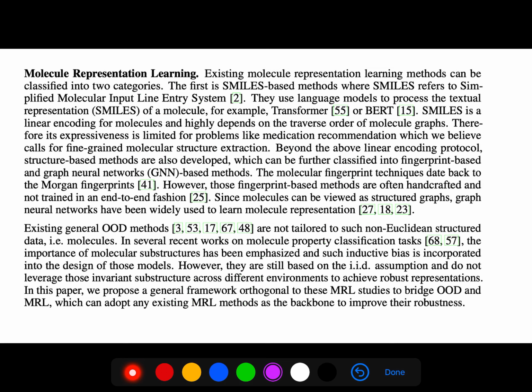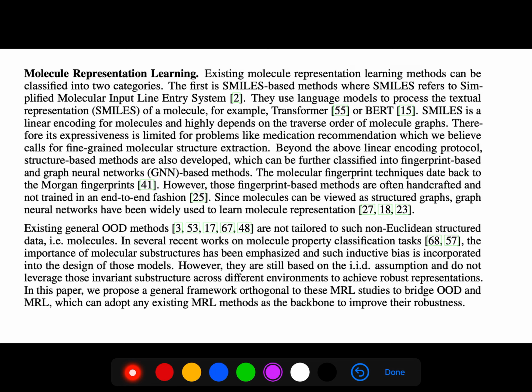Existing molecular representation learning methods can be classified into two categories. The first is SMILES-based, where SMILES refers to simplified molecular input line entry system, and they use language model to process the textual representation.